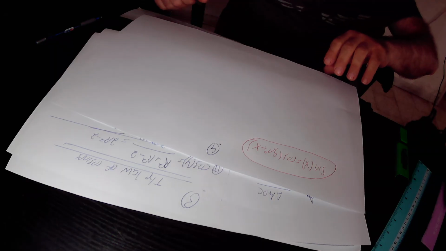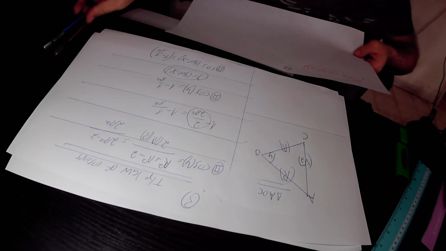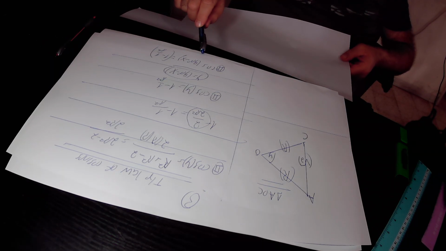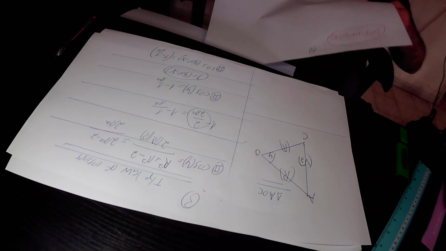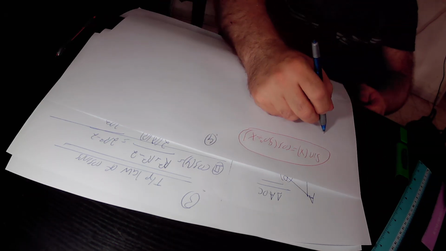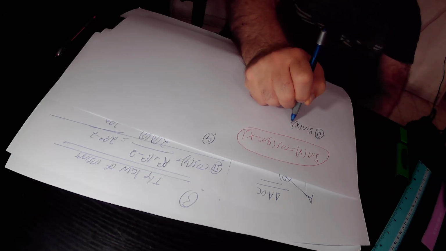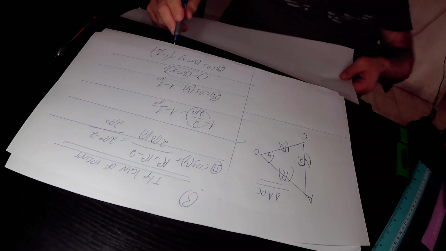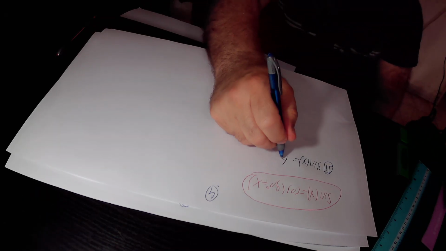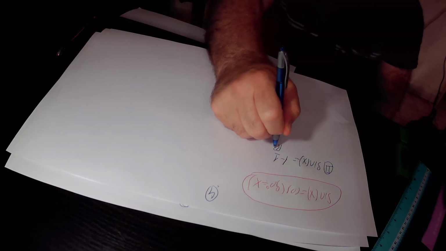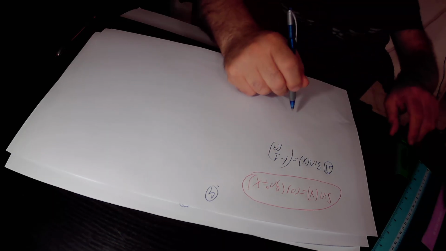So we do it now, and we get that cosine 90 degrees minus x is sine x, and it equals 1 minus 1 over r squared. This is according to equation 2.